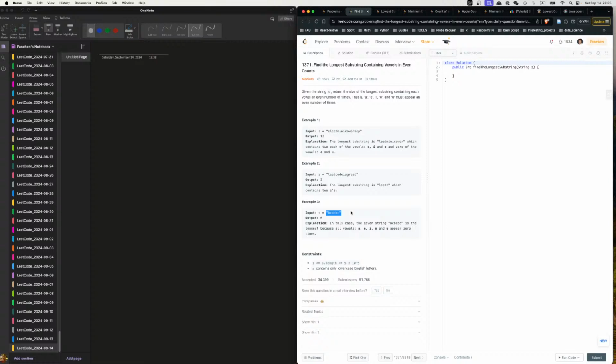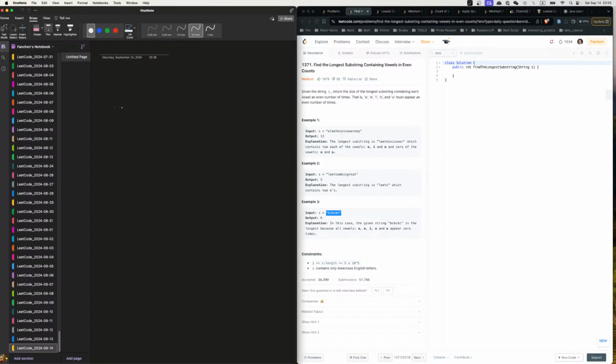What do you mean, a prefix bit mask? You do a prefix from position 0 to position i, and you do an AEIOU bit mask to represent how many, like if it's a 0 or some mask, right? You have that, and then what?